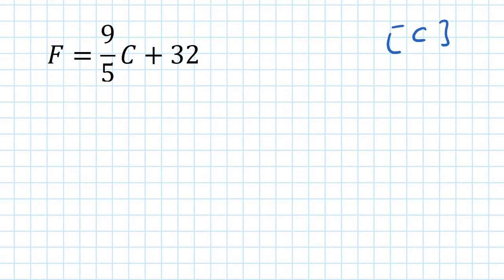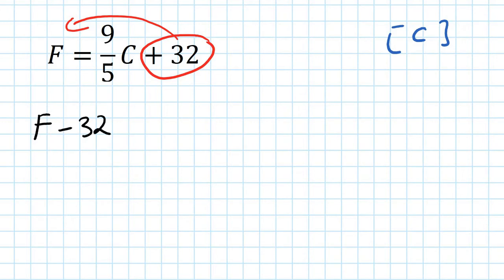So I minus 32 on both sides, or I can just move it to the other side. On the left you will have f minus 32, and you're left with 9 over 5 capital C.